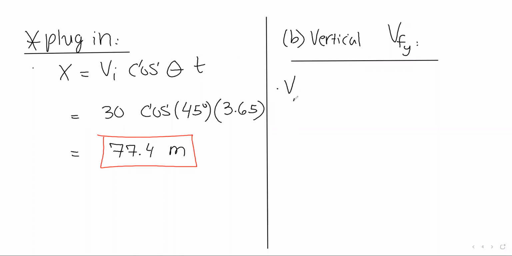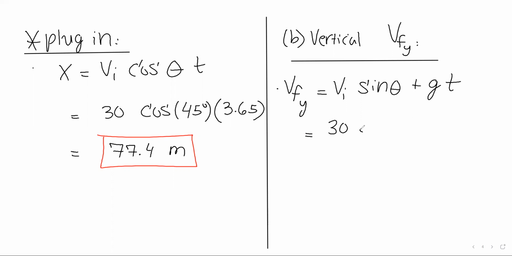And I'll use this one because it's already isolated for y. The final velocity in the vertical direction is vi sine theta plus g times t. No algebra required. It's already isolated for the desired quantity.